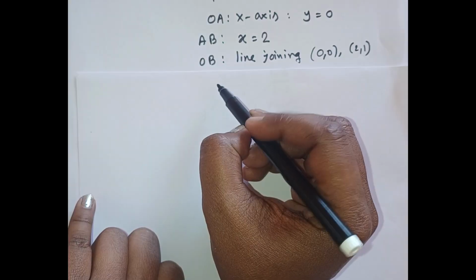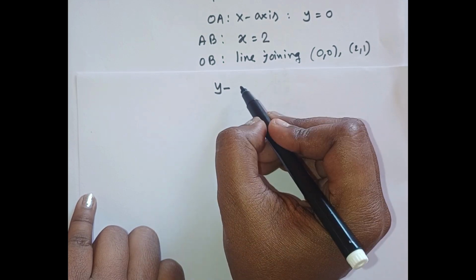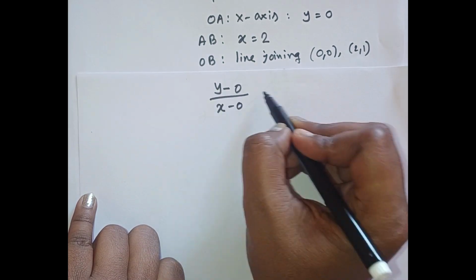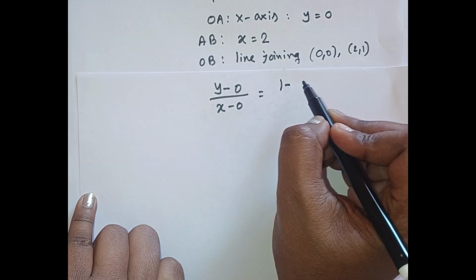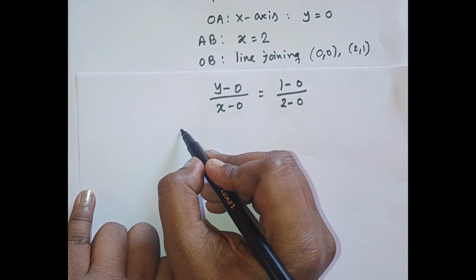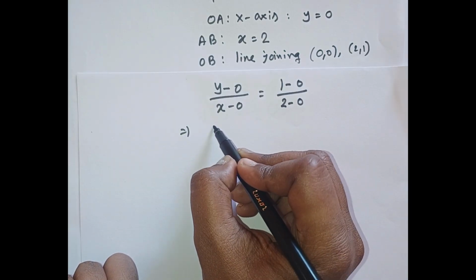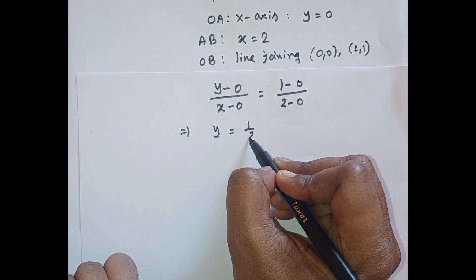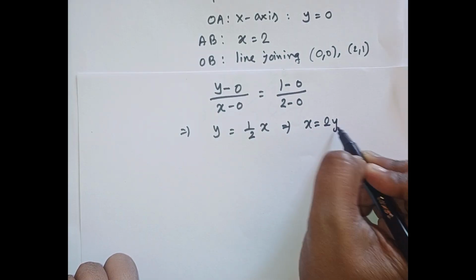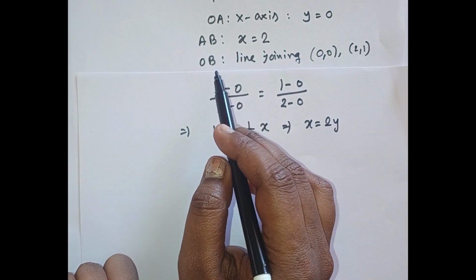So we all know how to calculate this line. This is (y minus y1) by (x minus x1) equal to (y2 minus y1) by (x2 minus x1). So if you calculate, this will be y equals 1 by 2 x, that is x equal to 2y. This is the equation of the line OB.